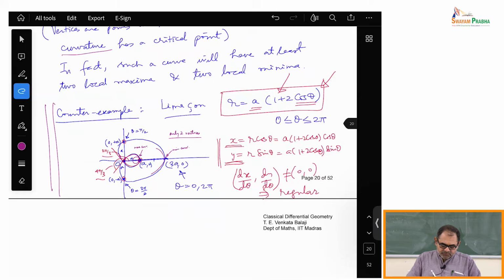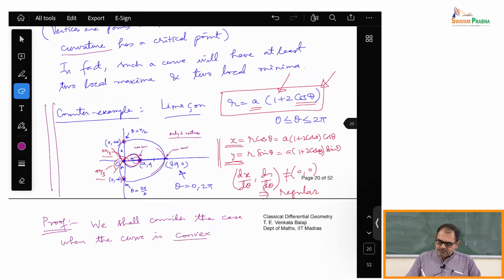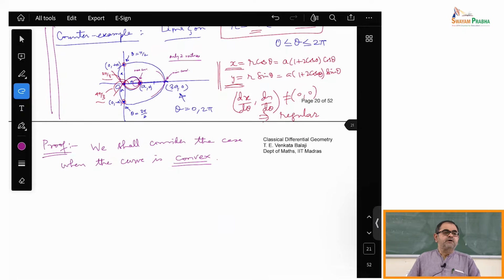I'll just say proof: we shall consider the case when the curve is convex. This convexity of a curve is something that can be stated in many ways.